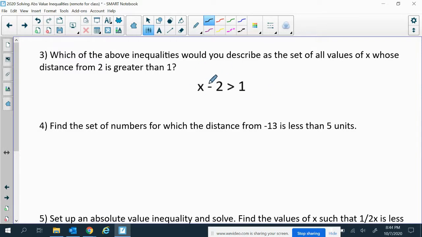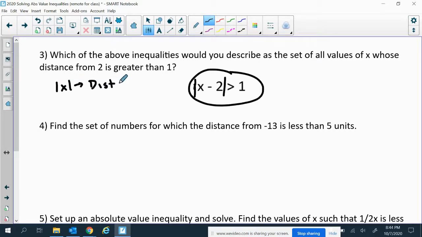Which of the above inequalities would we describe as the set of all values of x whose distance from 2 is greater than 1? That's the absolute value of this, because if we remember from Algebra 2, absolute value of x actually represents distance from a value, or distance from what I like to call a center.